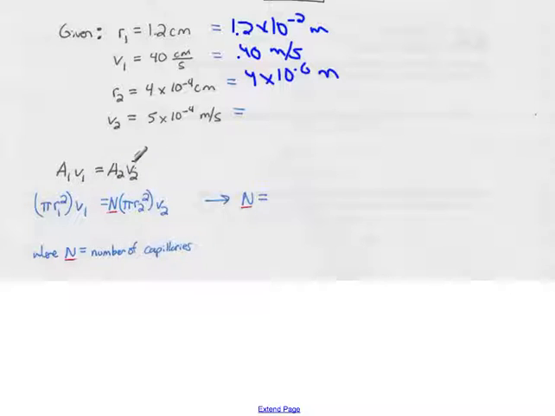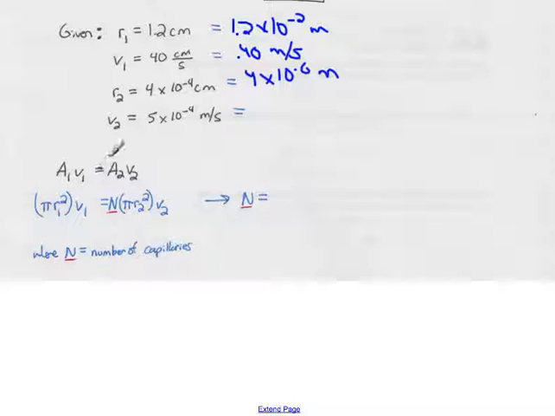The second thing is not just the fluid situation at one of the capillaries, but at all of them at the same time. So for A2, instead of just putting pi r squared for the circular cross section of one capillary, you're going to multiply that by n and assume all the capillaries are about the same size. And then if you solve for n, you get how many capillaries there are.